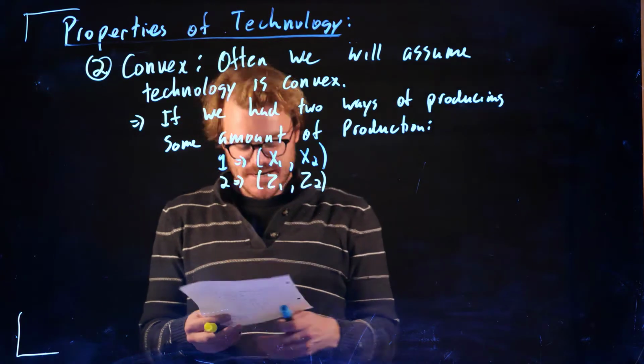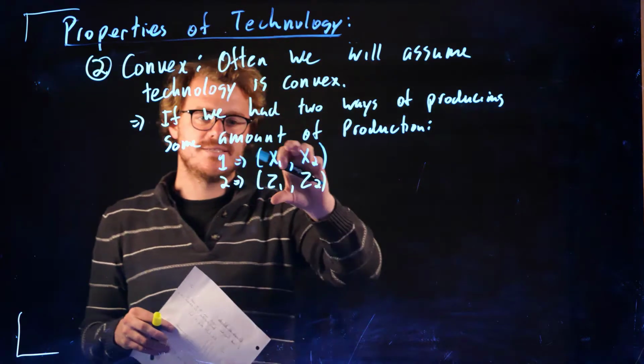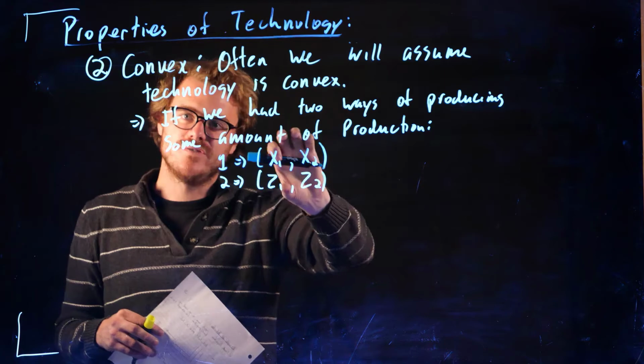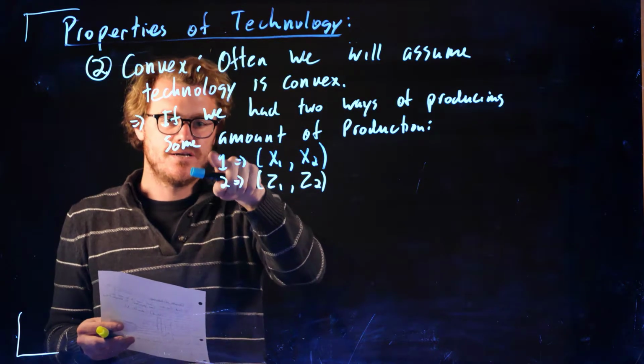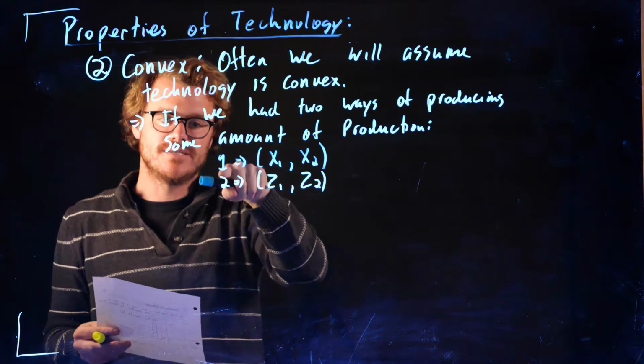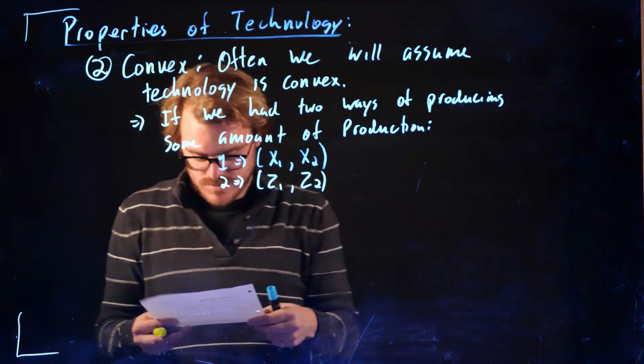Well, a convex production means that a weighted average of these two methods will produce at least as much output as these ones on their own.